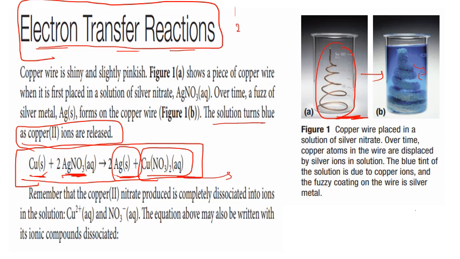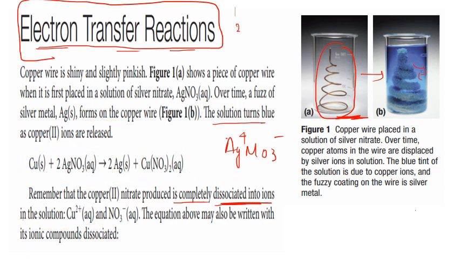Now let's break down this equation into the ionic form, because we know that when anything is in the aqueous state, for example AgNO3, it can dissociate. Copper nitrate produced is completely dissociated into ions in the solution. Let's have a look at that.